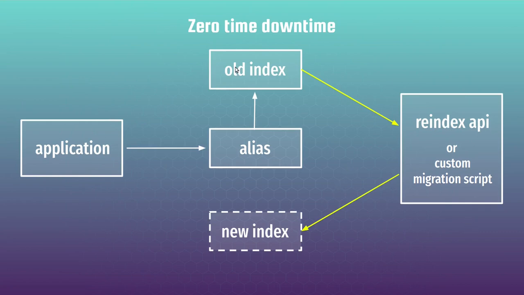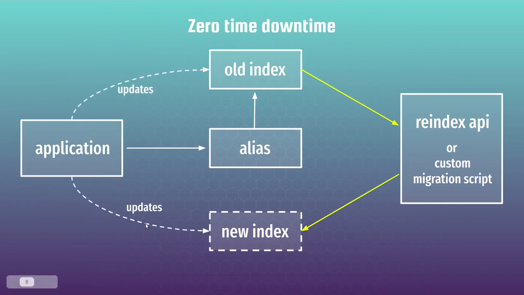So imagine that you are making such a migration. Let's assume that our script or the reindex API is working on migrating our data to the new index. We also have to take care in that case about updates. And in most cases, probably we'll have some queue system, some workers that will take an update and provide the corresponding changes in the index itself.